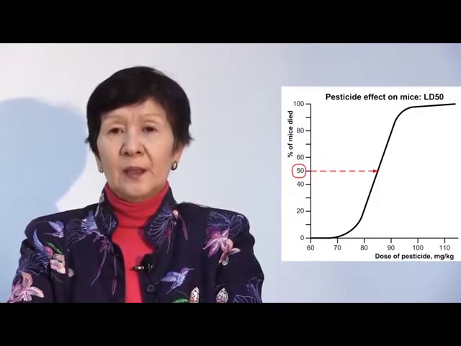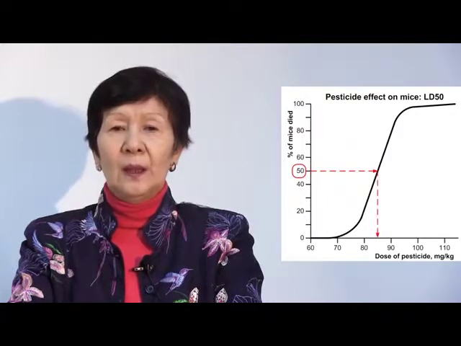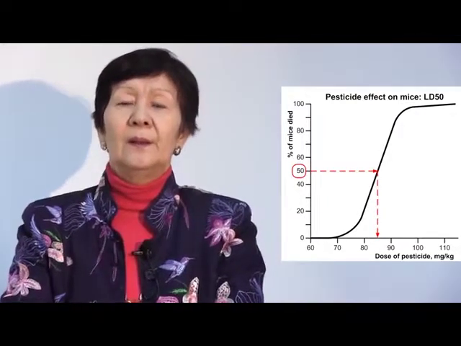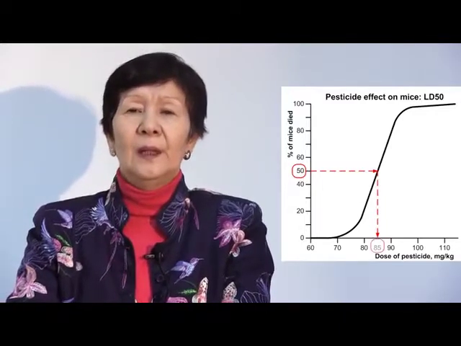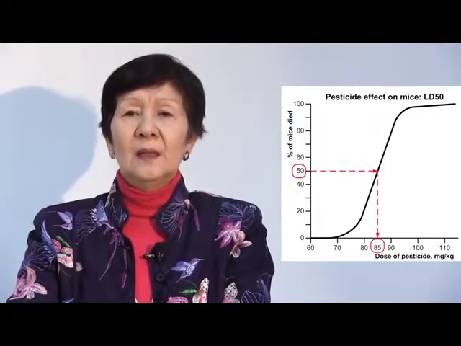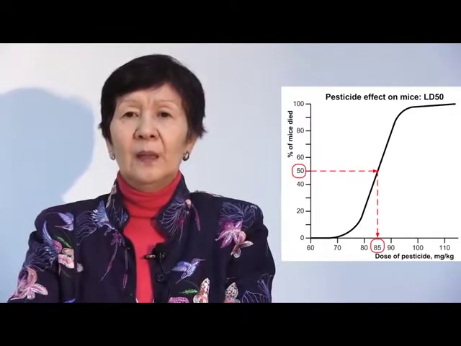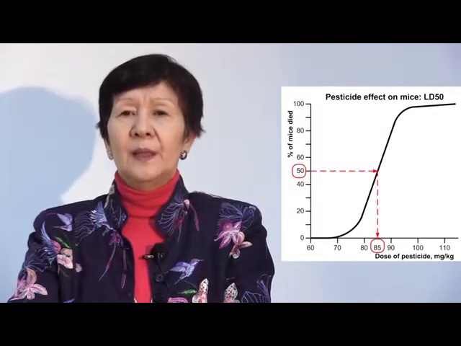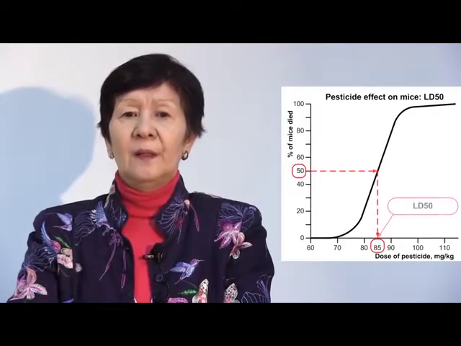From this intersection point, we draw a perpendicular line to the x-axis, and the result can be read on the x-axis. In this case, it's 85 milligrams per kilogram of mice. This amount represents the LD50 value.